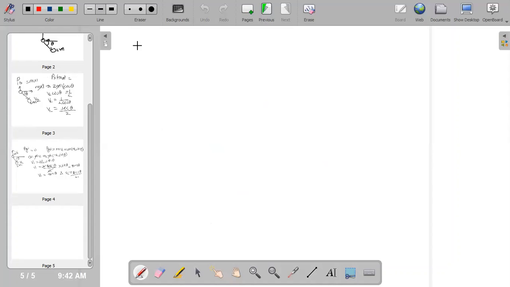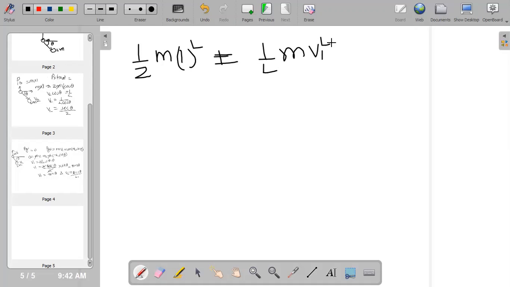Our initial kinetic energy will have half, only mass 1 is having velocity, that is also 1 meter per second. So 1/2 mv1 square will be equal to half mv1 square plus half mv2 square.